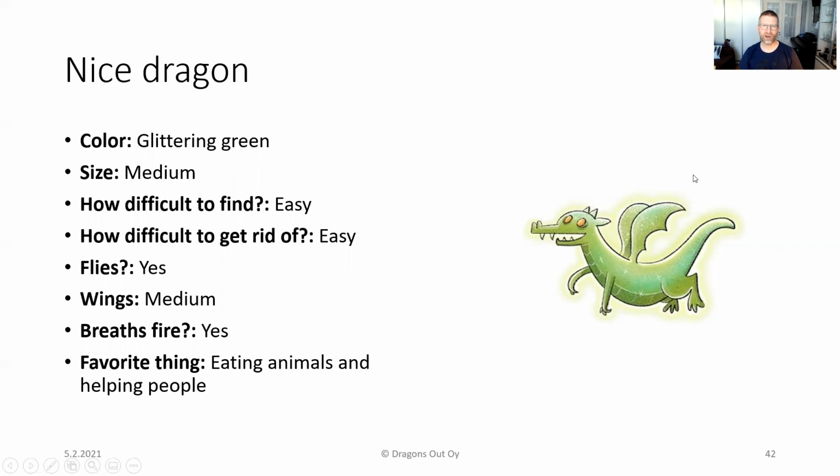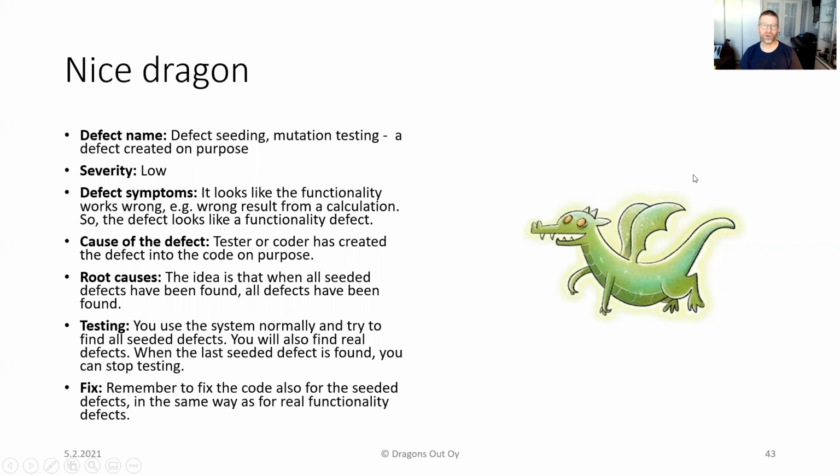So what are these nice dragons? Are there defects that are actually good? Well, yes, if a defect helps you understand how the system behaves or how good testing is, then that sort of defect is good. So we talk about defect seeding or mutation testing. Here, a coder or tester creates a defect in the code of the software on purpose.